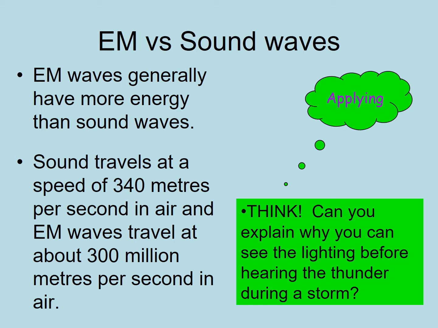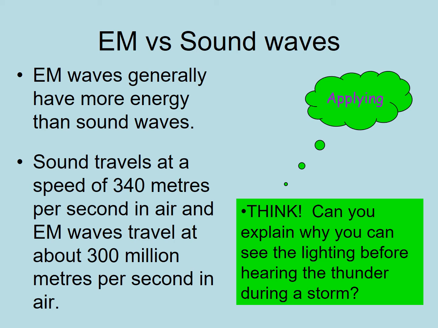So let's again revisit this idea that electromagnetic waves and sound waves are different. EM waves generally have more energy than sound waves. Sound travels at a speed of 340 meters per second in air, and EM waves travel at around 300 million meters per second in air, the speed of light.